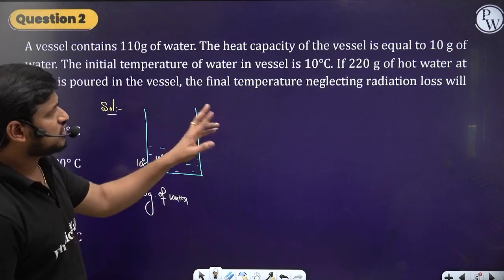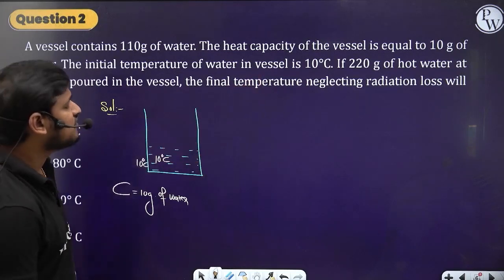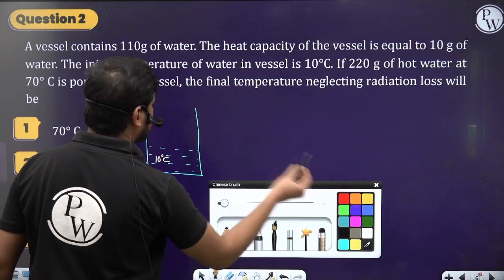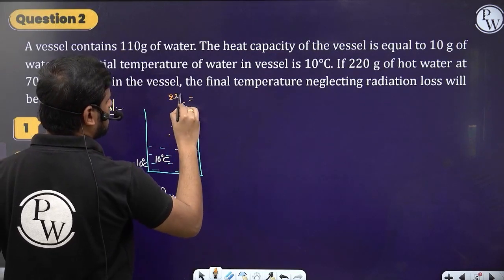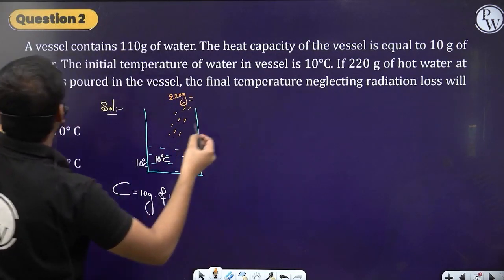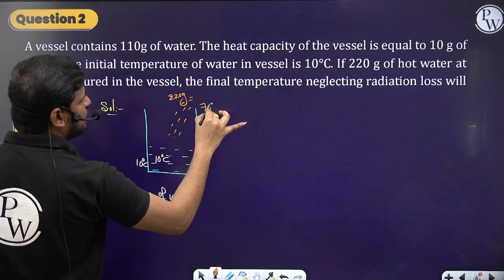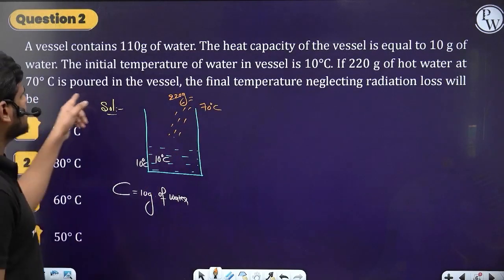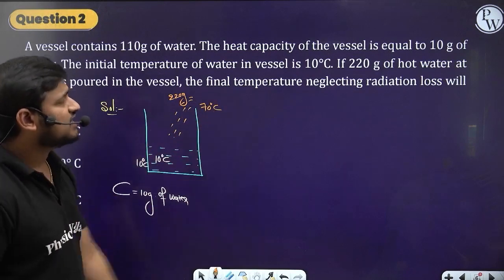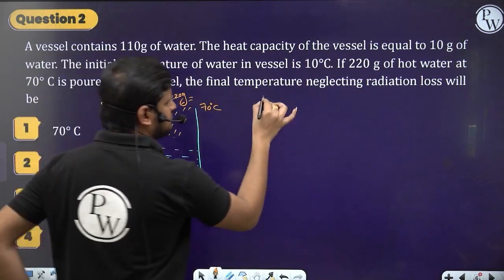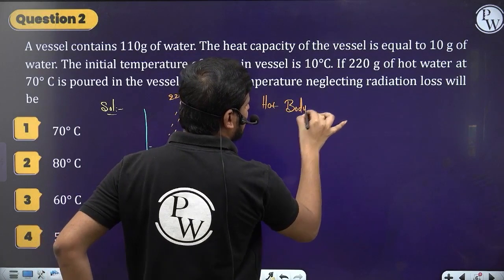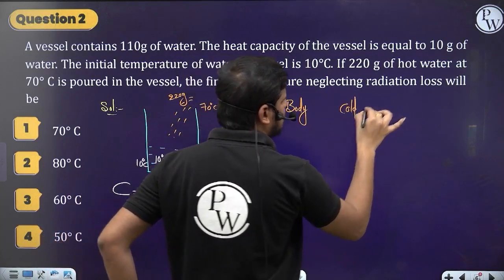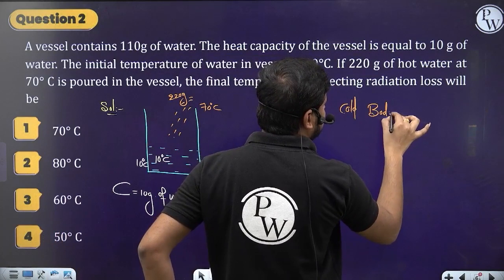Fine. Now 220 grams of hot water, which is at 70 degrees centigrade, is poured into the cold water. Then the final temperature. Here what is the hot body and what is the cold body in this particular case? Substitute the values simply.